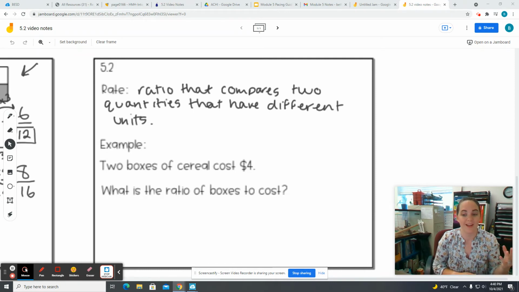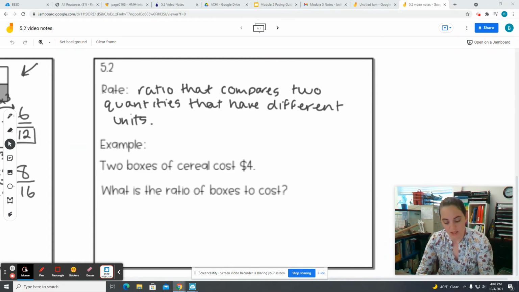We can use like an item and money, okay. So just like this example that I'm going to show you here, it's 2 boxes of cereal cost $4. So what is the ratio of boxes to cost? Now we're going to put the first one first. So 2 boxes for $4.